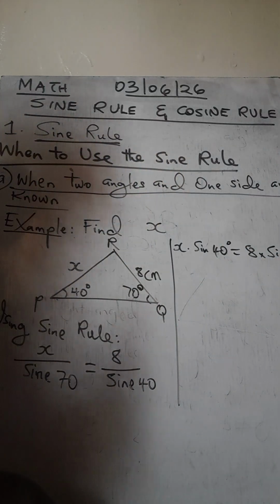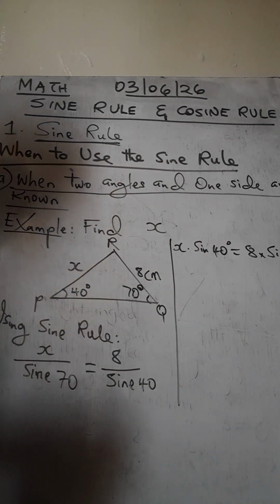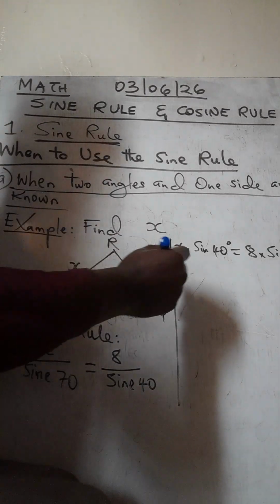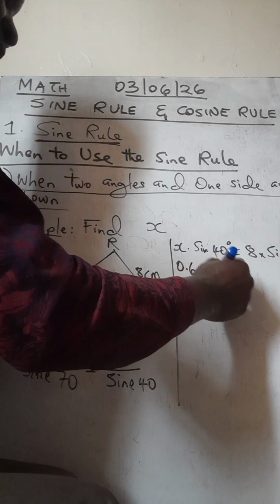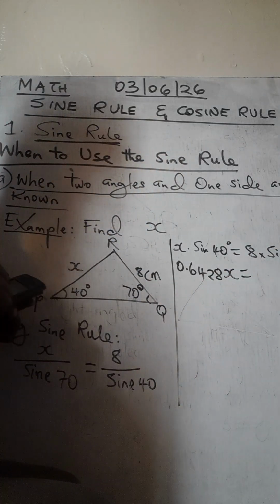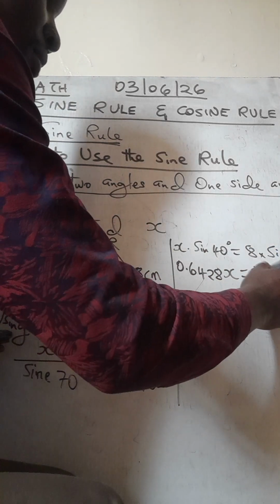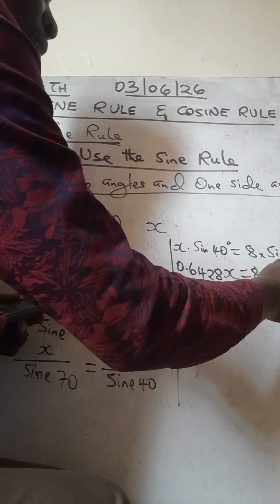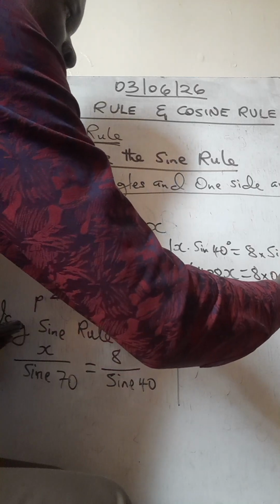So what is the sine of 40? Sine of 40 is 0.6428 approximately, times x. Then we have 8 times sine of 70, which is 0.9397 approximately.